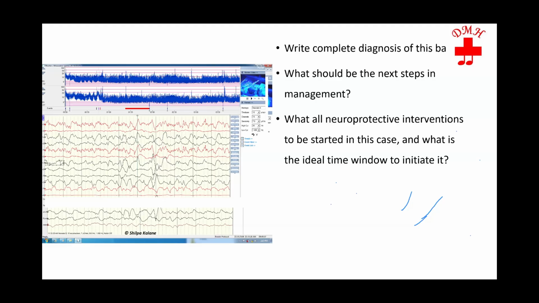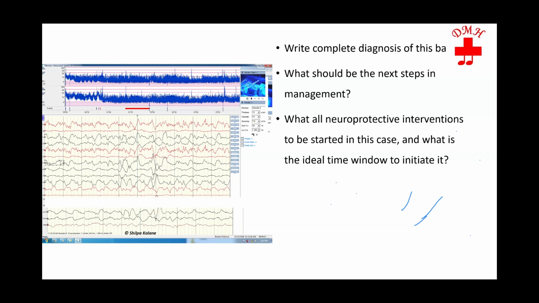So does neuroprotective intervention mean only therapeutic hypothermia, or is there something else also? Therapeutic hypothermia is one of the neuroprotective interventions, but what is more important is stabilizing the baby. Supportive care.